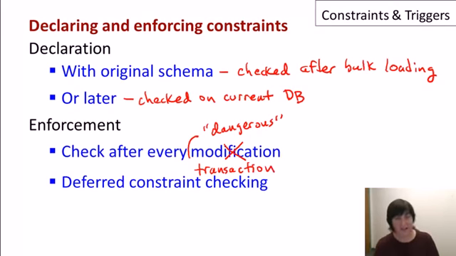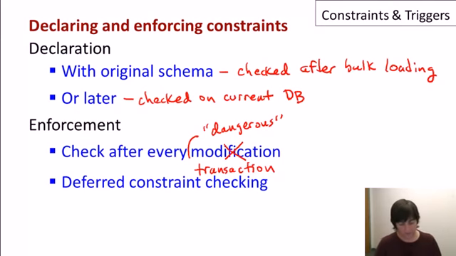We'll talk about transactions in a separate video, but the concept of transactions is that you can group a bunch of modifications together and they'll be executed as a unit. That unit is used for other purposes as well, for managing concurrency and for recovery. But in terms of constraints, it can also be the unit of modification that's used for constraint checking.